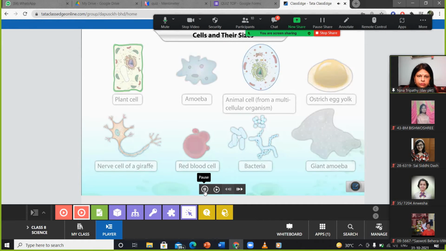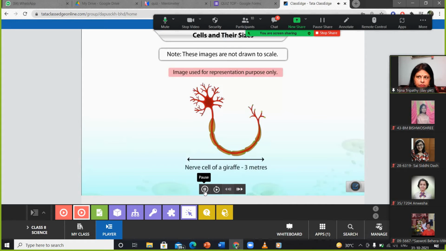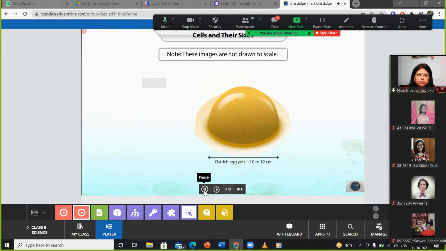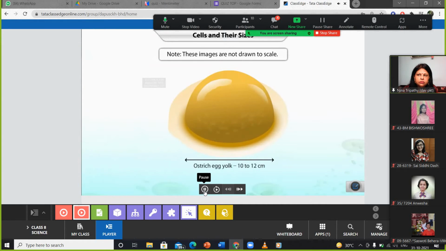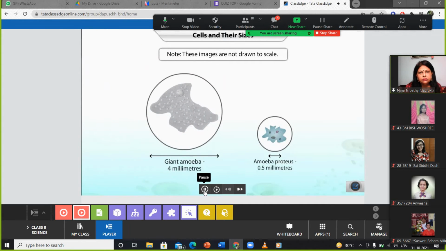Well, the largest is the nerve cell in a giraffe, which can be as long as 3 meters. In comparison, the yolk of an ostrich egg, which is a cell, is about 10 to 12 centimeters. Still smaller is the giant amoeba, which may measure up to 4 millimeters.